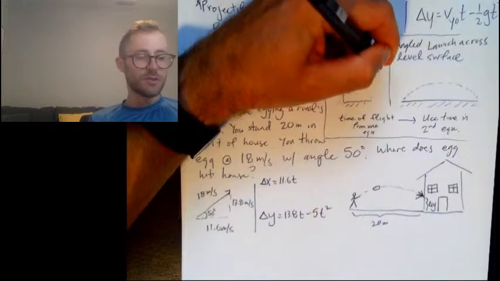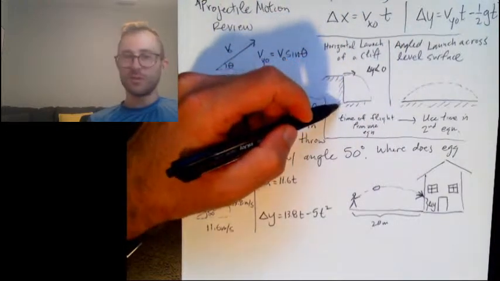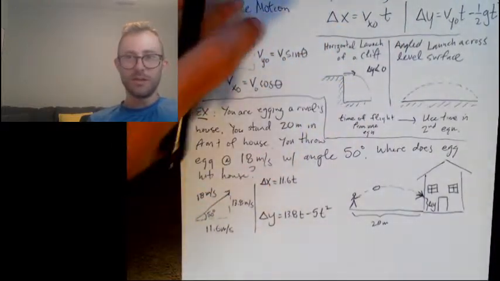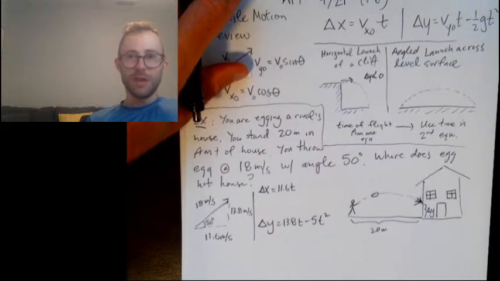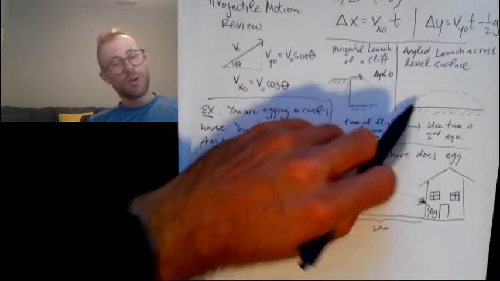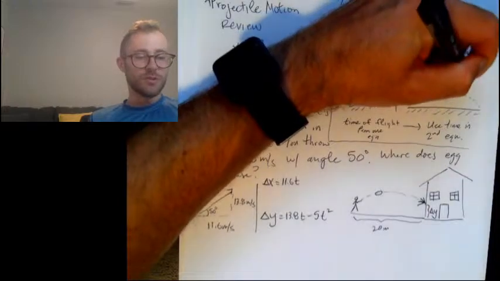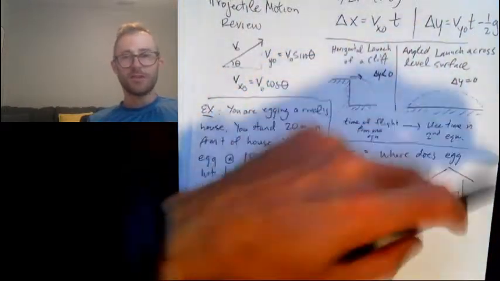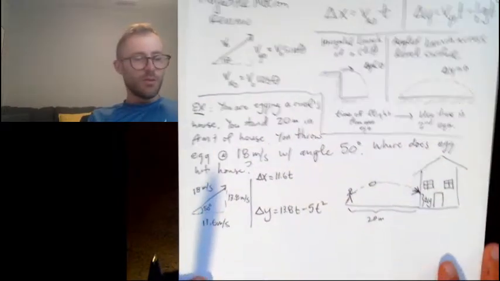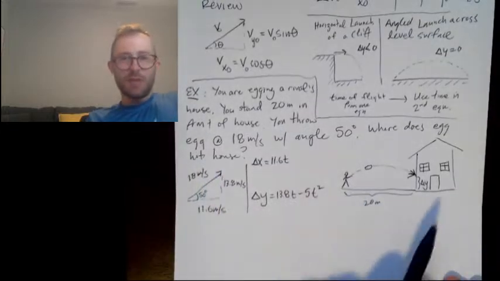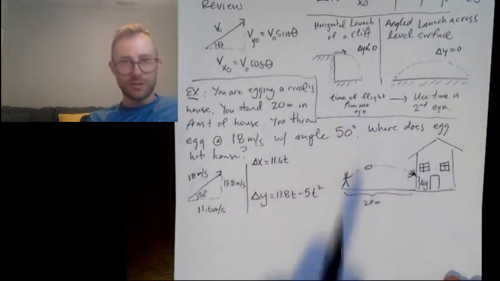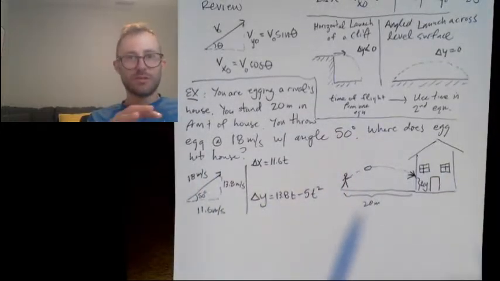Actually, delta y was less than 0, but when we reached a certain delta y value, we knew we had hit the ground, okay? For this problem, we have delta y equals 0 is when we hit the ground because we came back to the same elevation. Now, what is the mathematical condition that tells us we have reached the house?